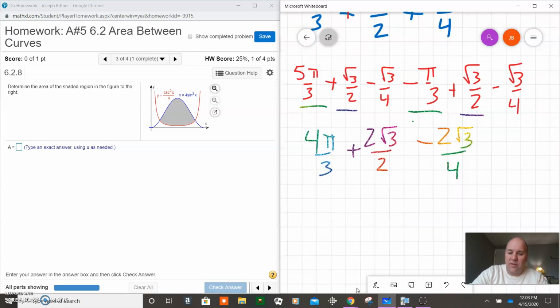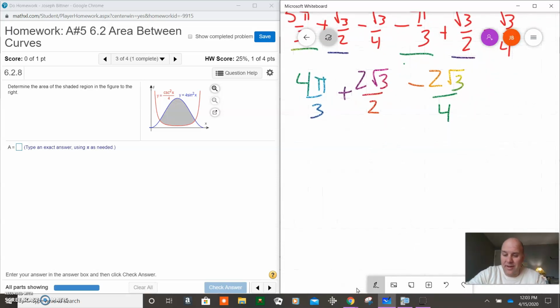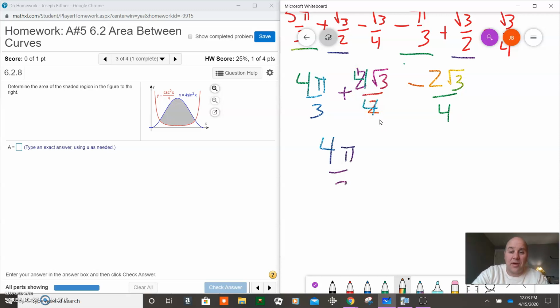From this last part, I can combine those because they have the square root of 3. You can think of this as 4 over 4, because I got to get a common denominator, and the final answer is 4 pi over 3 plus 1 square root of 3 over 4.